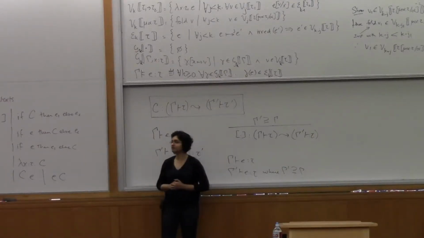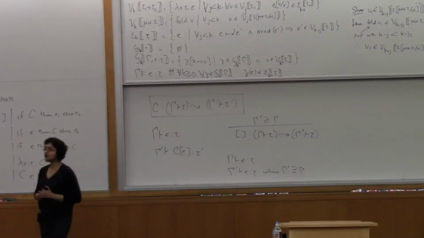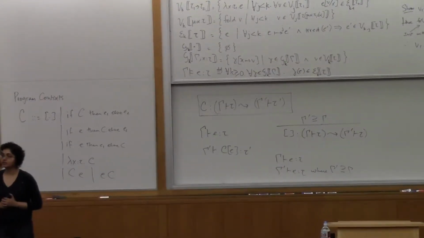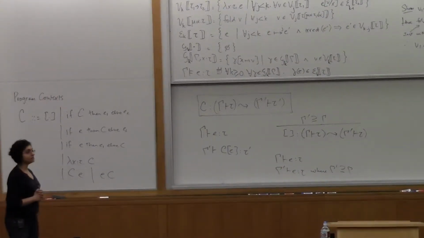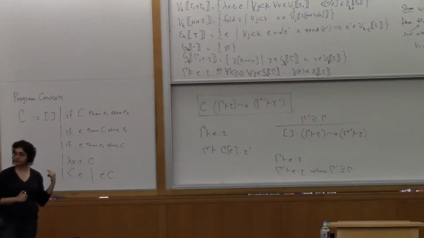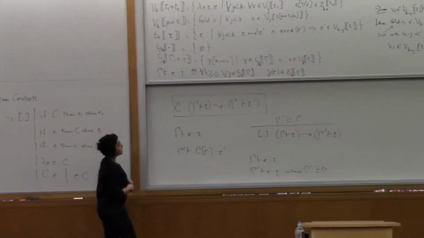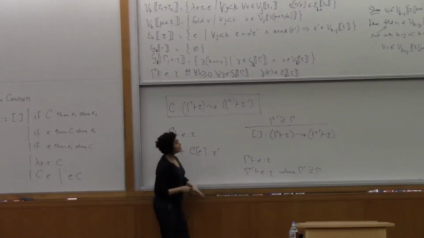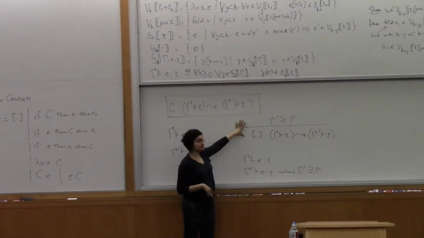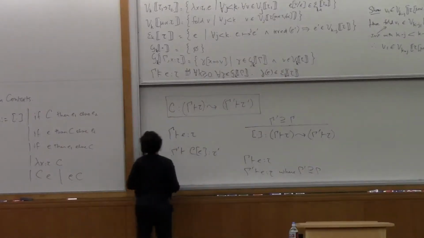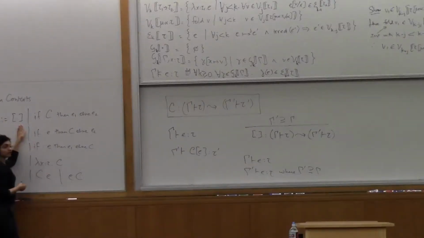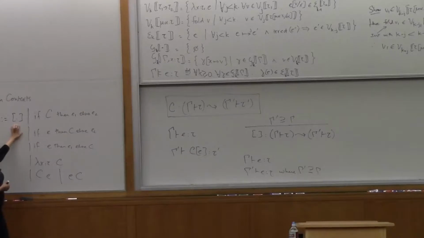Okay? Are you looking for a syntax-theoretic presentation? Am I looking for a syntax-theoretic presentation? Yes. You mean for contextual equivalence? For typing. Oh, typing context, yes, yes. Okay, so in this fashion, this is our typing rule for the most basic context, which is a hole.